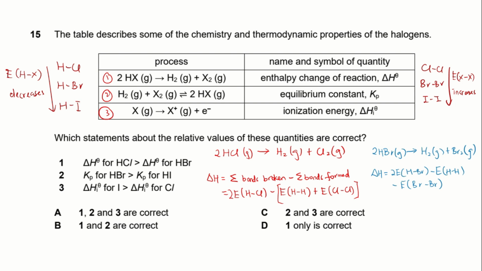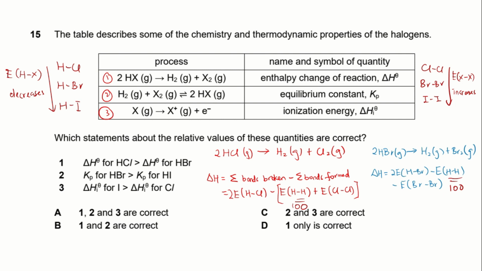The reason is because the area of overlapping between the atomic orbitals becomes larger, so that makes the bond stronger. So now coming back to comparison between the two enthalpy changes, I'm going to put some hypothetical values for these bond energies so that we can come up with a more tangible value that is easier for us to compare. We have hydrogen bond, which is in common for the calculation for both enthalpy changes. So let's say this is 100.